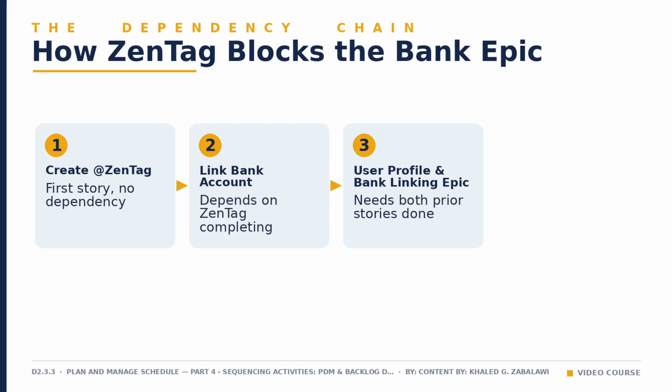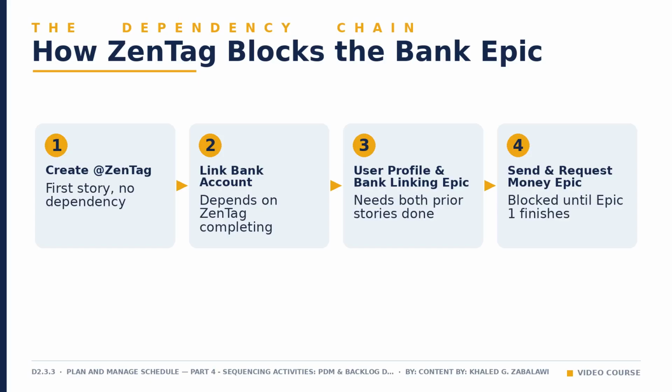The epic is simply the sum of its dependent parts being fulfilled. Finally, Epic 2, send and request money flow, is explicitly blocked until Epic 1 is complete. You cannot let someone send money through an account that is not yet fully linked and verified. The sequence protects the logical build order.